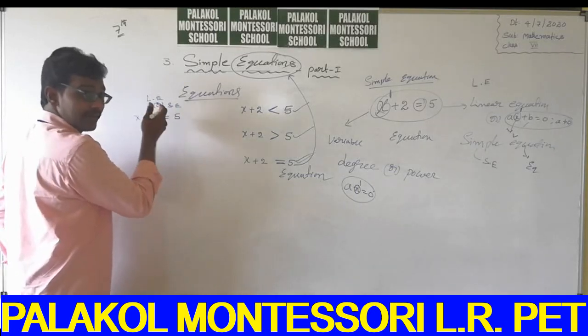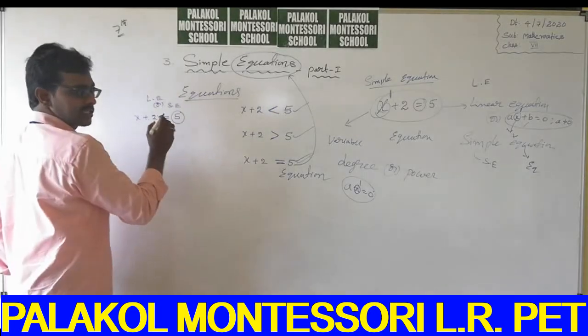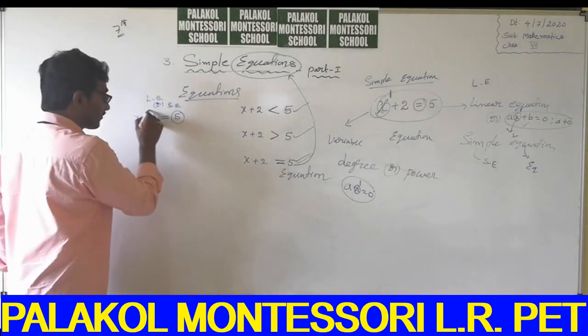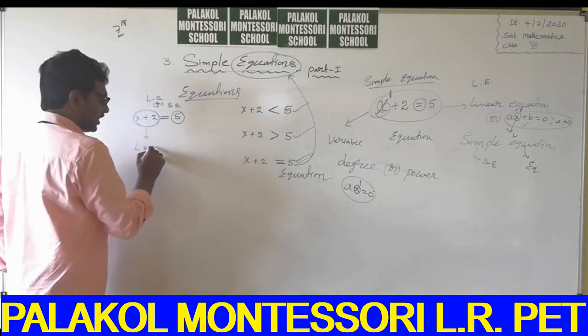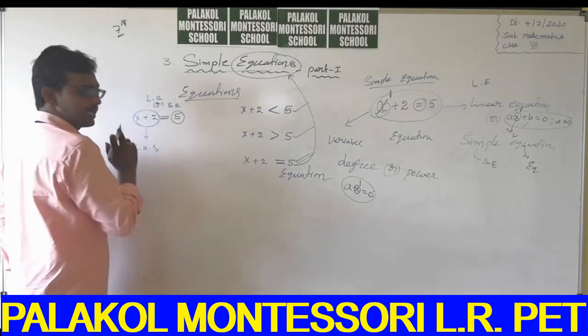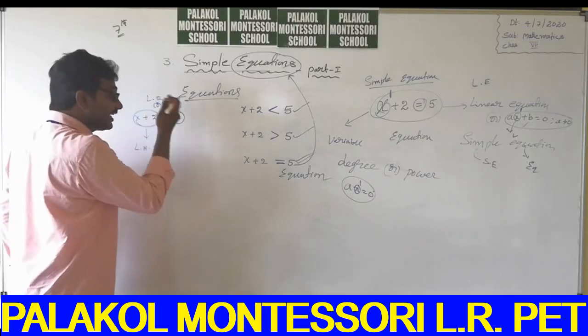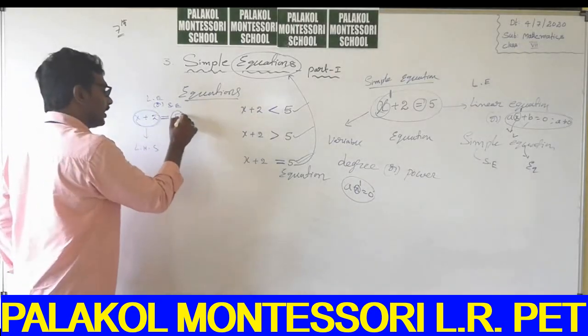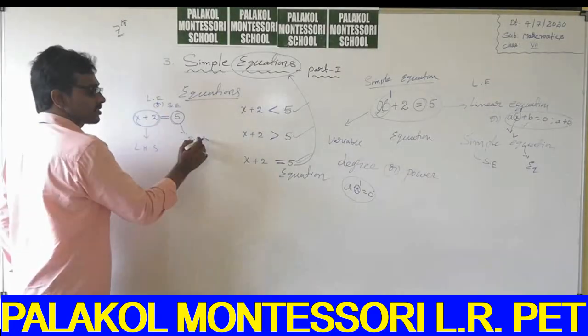The term on the left side is called LHS, left hand side. The term on the right side is called RHS, right hand side.